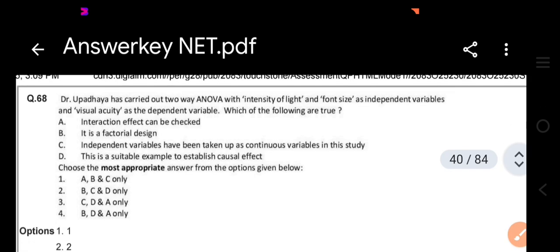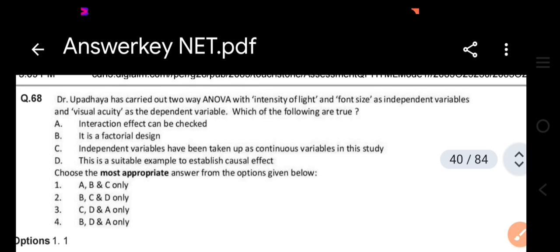It is a statement-oriented question related to ANOVA. Dr. Upadhyaya has carried out a two-way ANOVA with intensity of light and font size as independent variables, and visual acuity as the dependent variable.